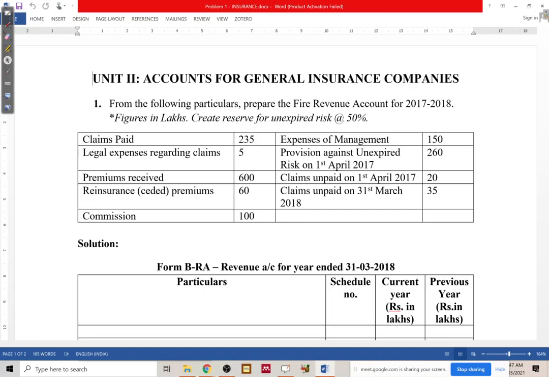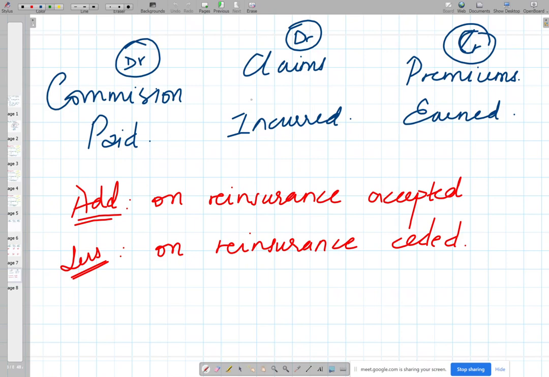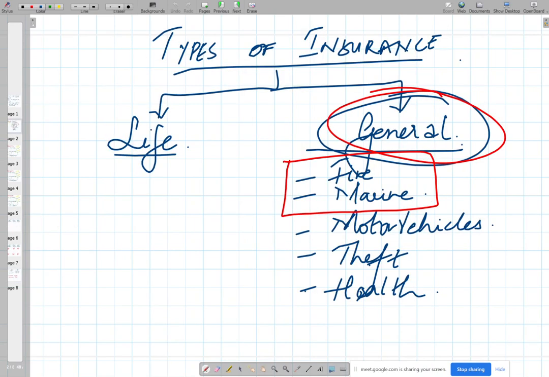Now what this revenue account means is that general insurance companies have different types of insurance businesses within themselves. Any general insurance company will have different categories of insurance like fire, marine insurance and so on. In the previous classes, we have already discussed those different types of insurance, isn't it? So under general, you may have fire, marine, motor vehicles, theft insurance, health insurance and so on.